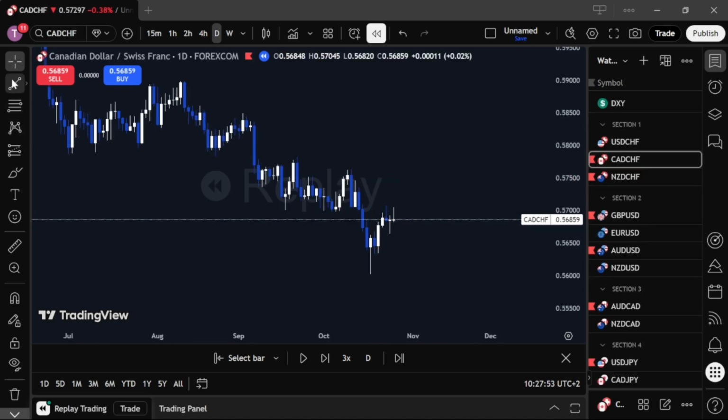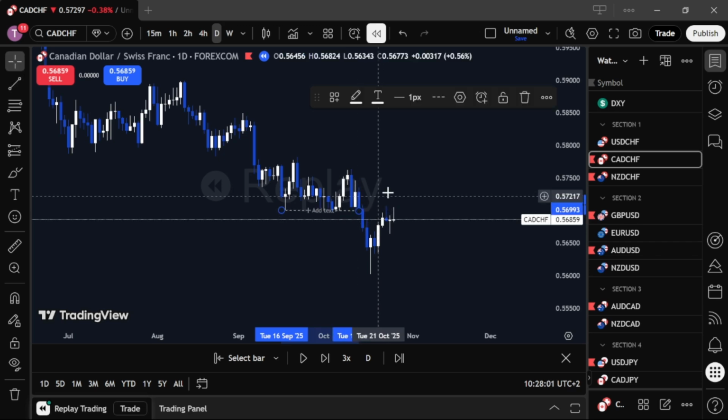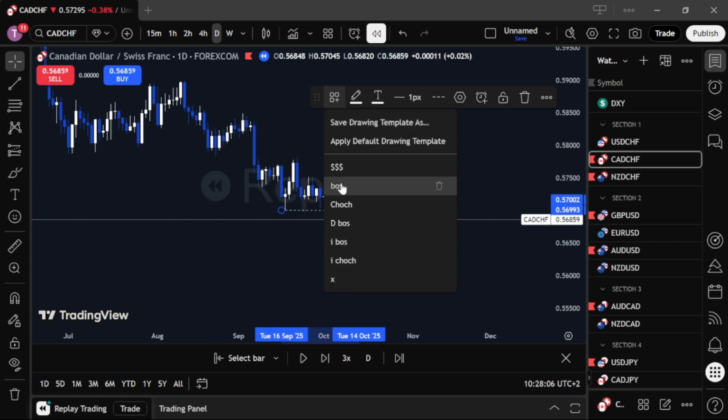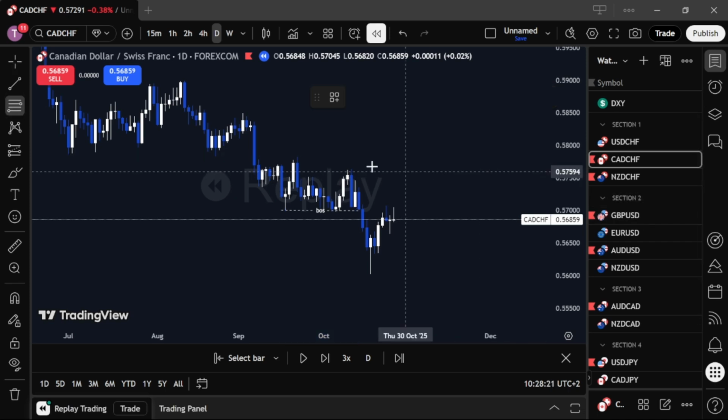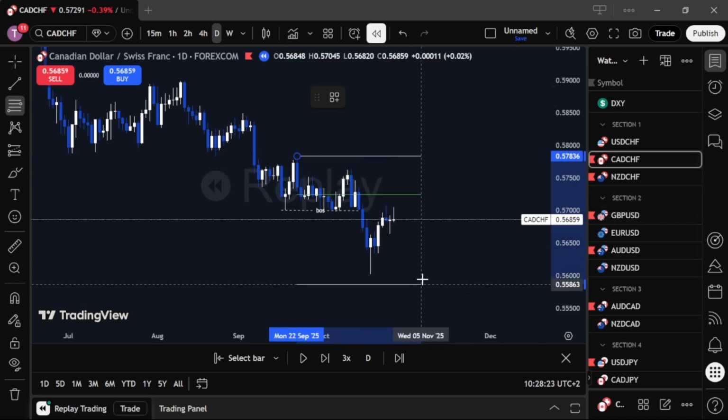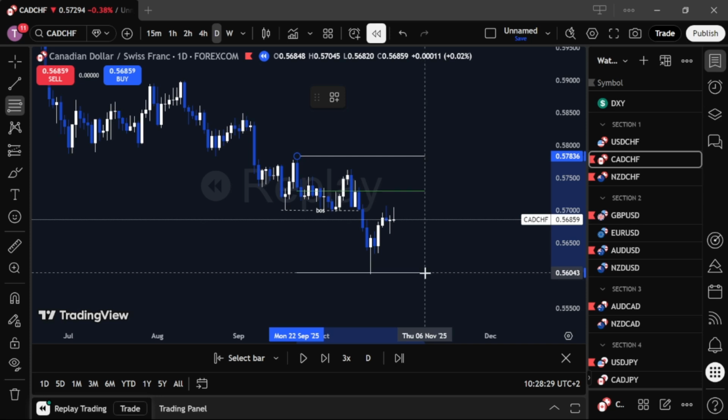Okay, so CAD CHF was another limit order that got triggered during the October month, and the setup was a sell. I was looking for a sell. This is how it looked. So basically I was waiting for the market to retrace back to my supply zone.